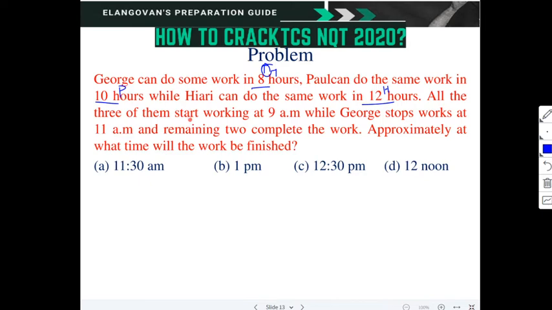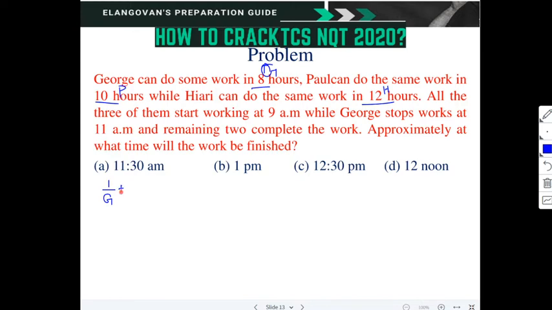Means 1 hour work of George: in 8 hours he can complete the whole job, then in 1 hour he is able to finish 1/8 of the work. So 1/G is the 1 hour work done by George.